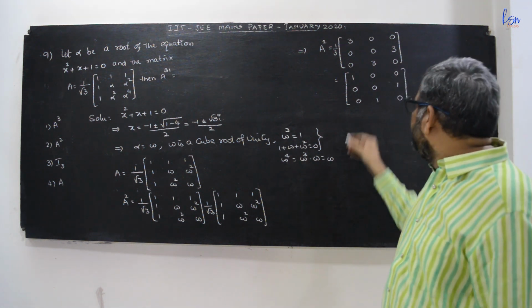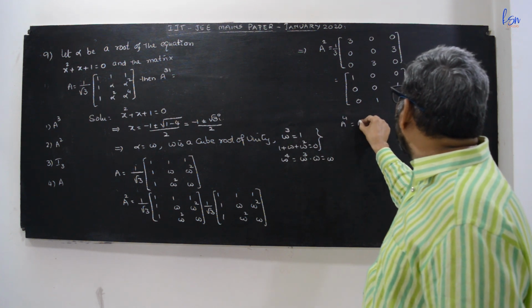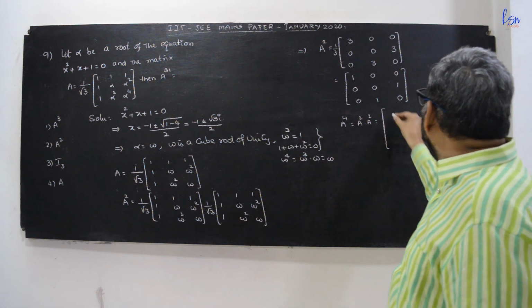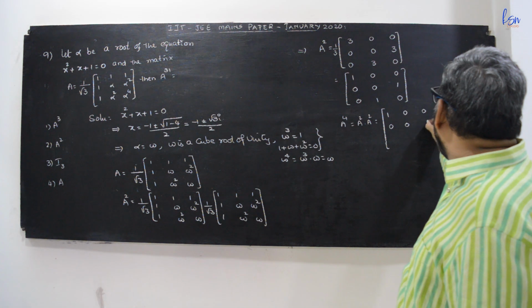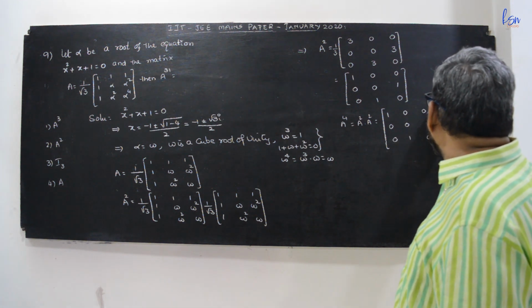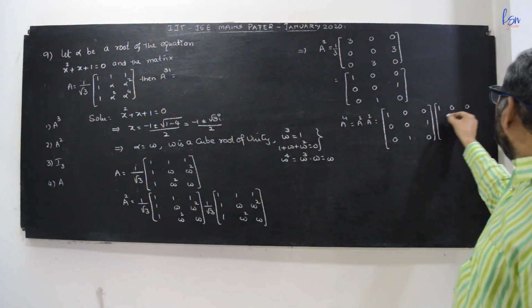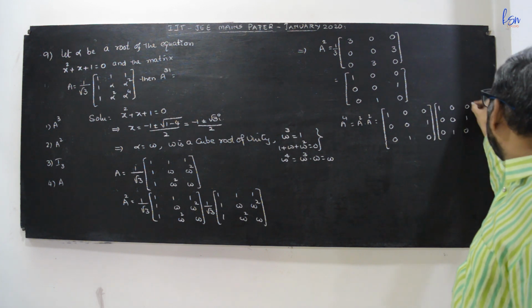This is a square. Now let us consider a power 4, that is a square into a square. That can be taken as 1 0 0 0 0 1 0 1 0 into 1 0 0 0 0 1 0 1 0.